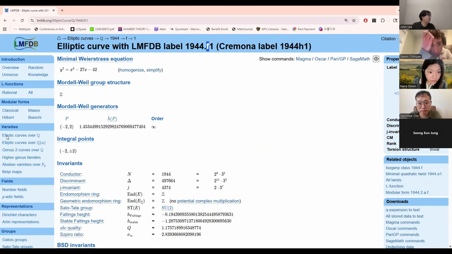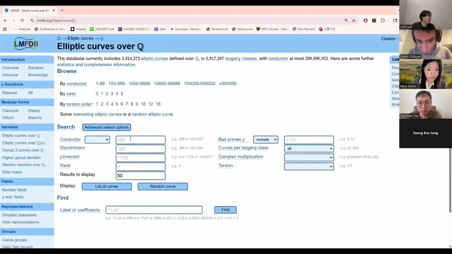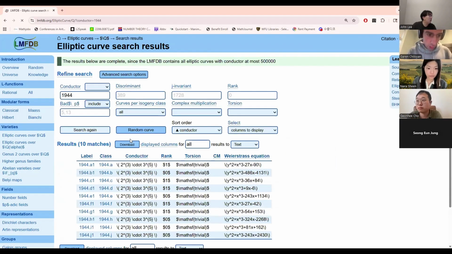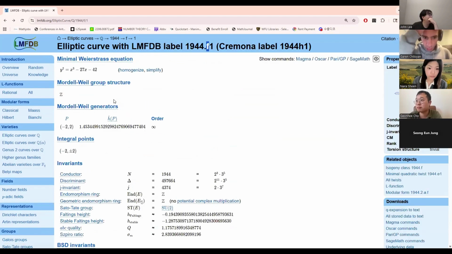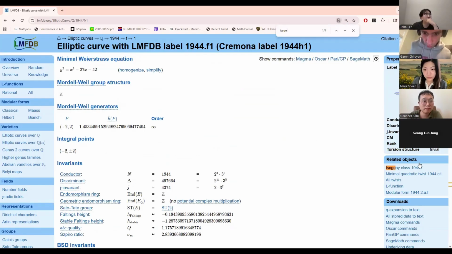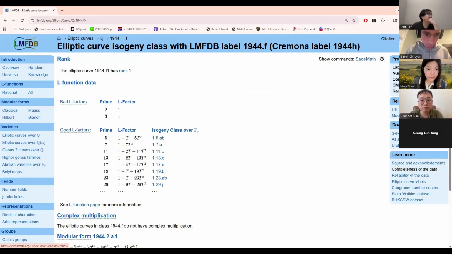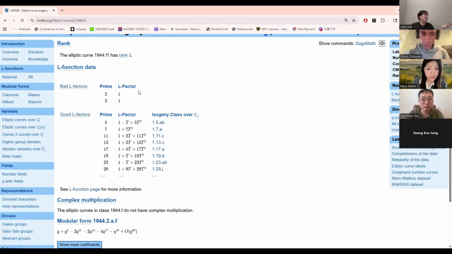Okay, so if I give you a different elliptic curve quickly, say 1944. John, move up, go back. Yes. Go back to 1944. You see to the right, related objects, isogeny class 1944 dot. Yeah, so if they share the same first letter, it means they're in the same isogeny class.